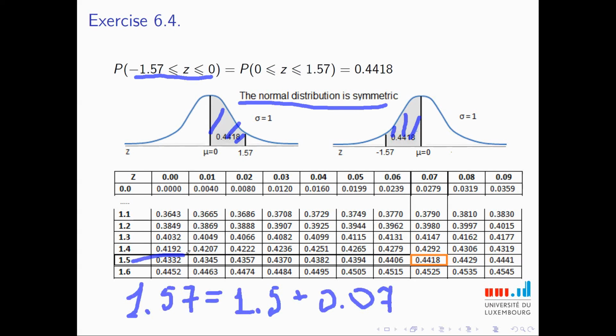And again, you are looking for the intersection of the row and the column, and you find the answer. So the probability that the random variable lies between minus 1.57 and 0 is equal to 45%.